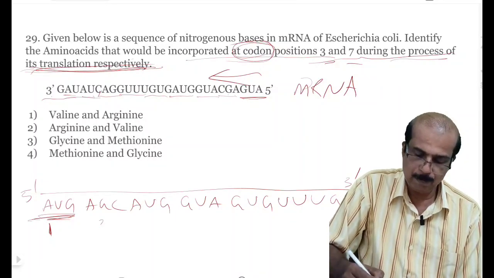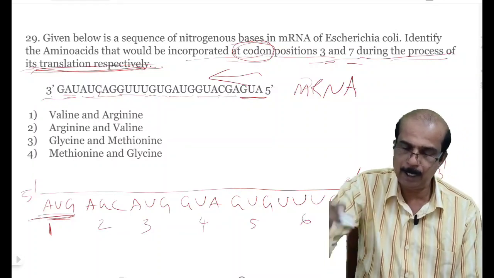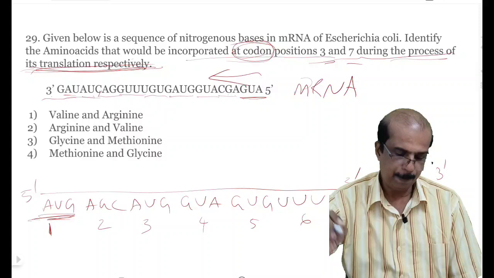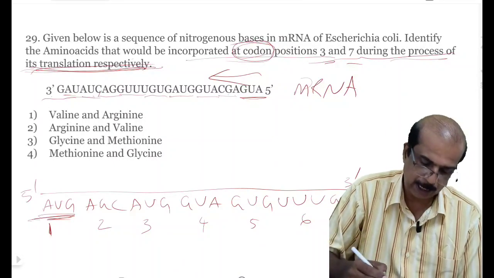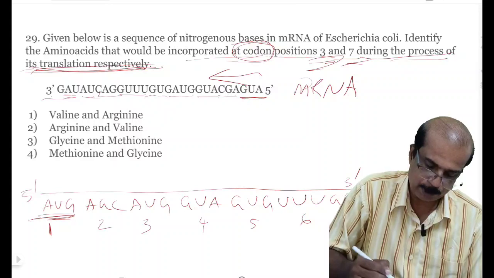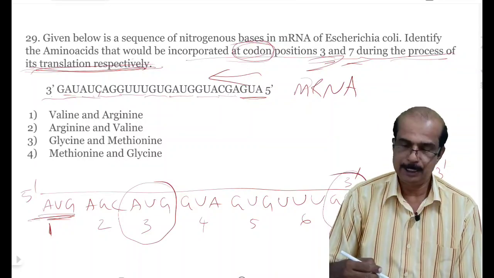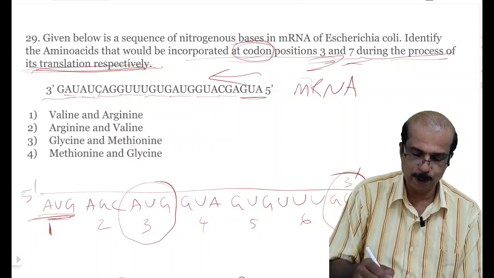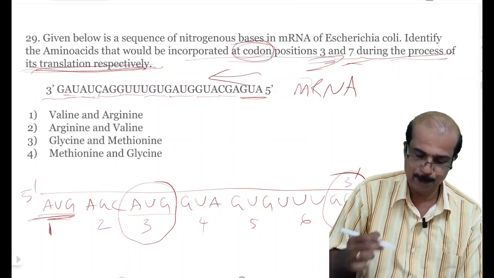There are 9 codons in the mRNA. So we have to label: position 3 is AUG, and position 7 is GGA. AUG, we all know, is the initiation codon, and it codes for methionine.